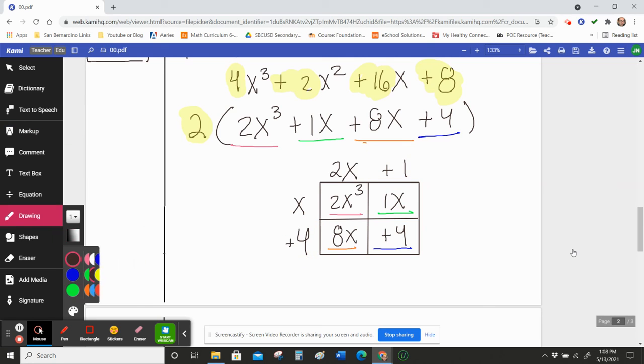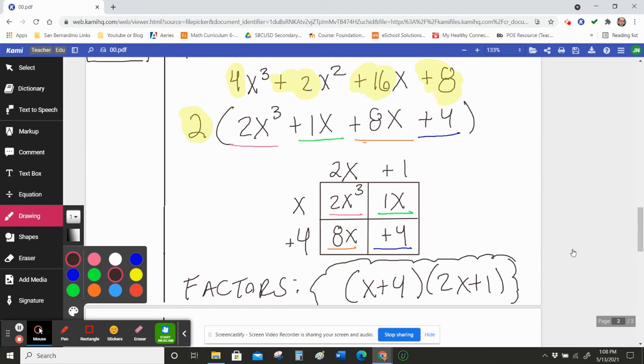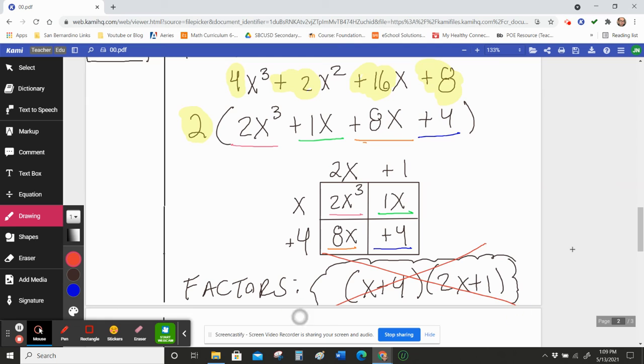So our factors can be written as x plus 4 multiplied with 2x plus 1, but if you were to tell me that this is a final answer, this would be 100% incorrect. The reason is that we forgot one major thing.